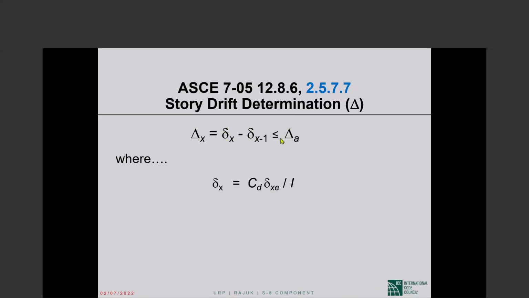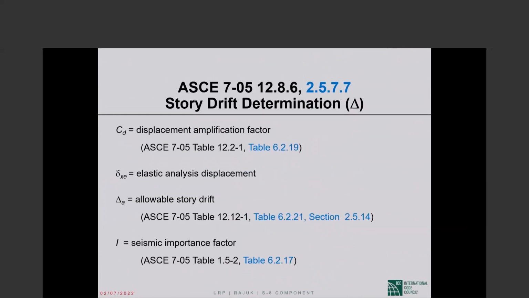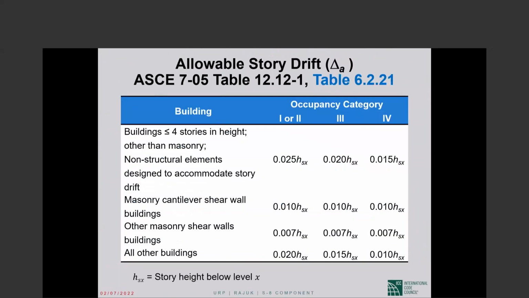That has to be less than or equal to the allowable story drift delta sub a. The delta sub a is given, the notation you know. The delta sub a is given in Table 12.12.1 of ASCE 7, Table 6-21 in BNBC 2020.